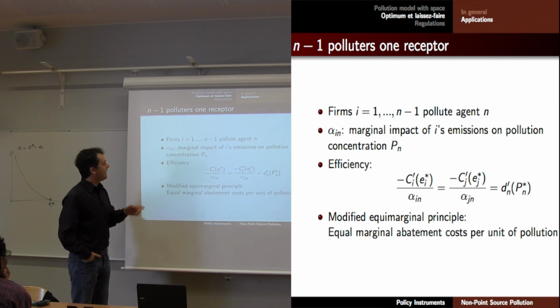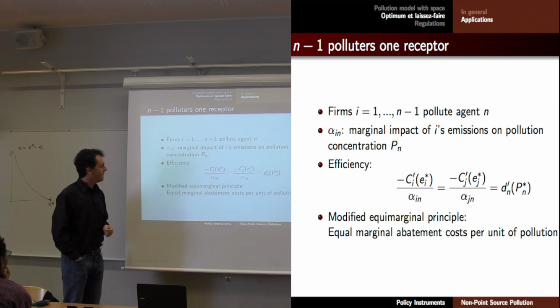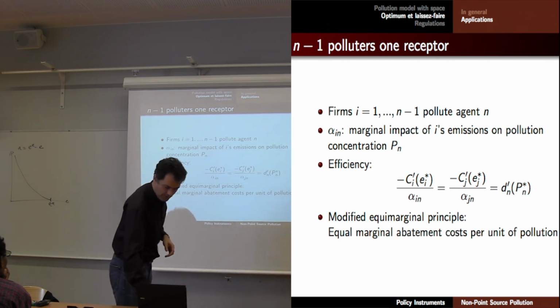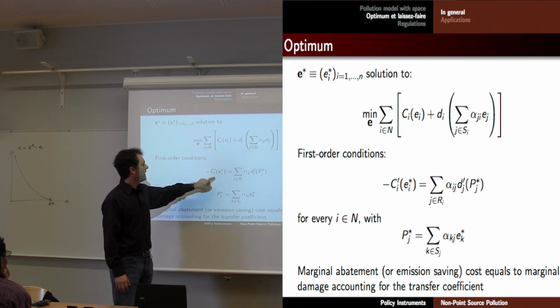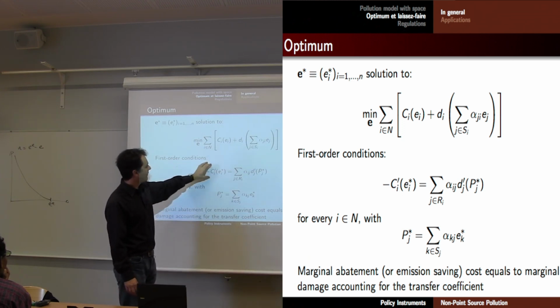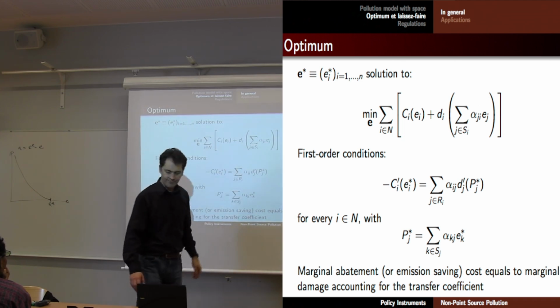An interesting feature of this case is that, going back to the general model, you get the same first order condition, but with only one victim, so forget about the sum: the marginal damage times the transfer coefficient for efficiency.